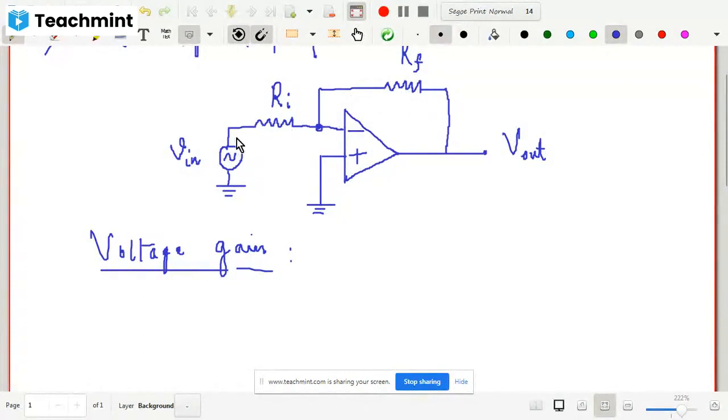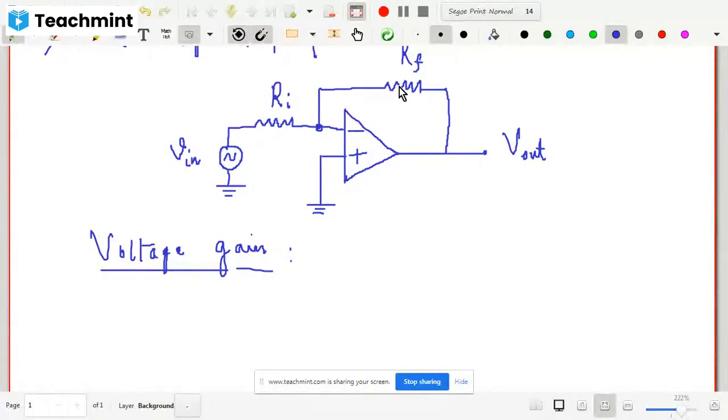All the current, whatever current is coming from here, will go through this feedback resistance, because from the characteristics of operational amplifier, we have seen that the input impedance is very high. So you can assume that whatever current is coming through this Ri, the same current will go through this Rf. So this is the one point which you should remember.